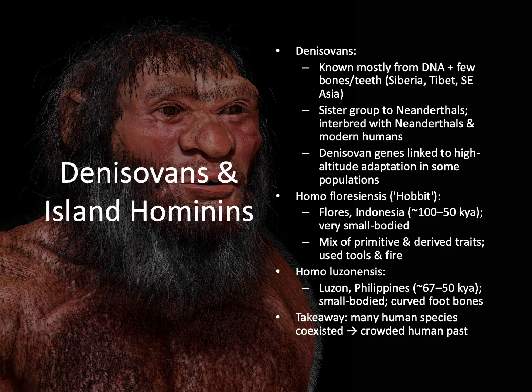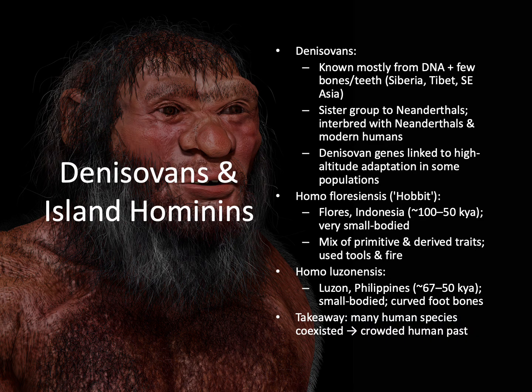When you put Neanderthals, Denisovans, and the island hominins together, a very different picture of the late Pleistocene emerges. Instead of a solitary Homo sapiens wandering alone across the globe, we see a very crowded human past, where multiple human species coexist in different regions.